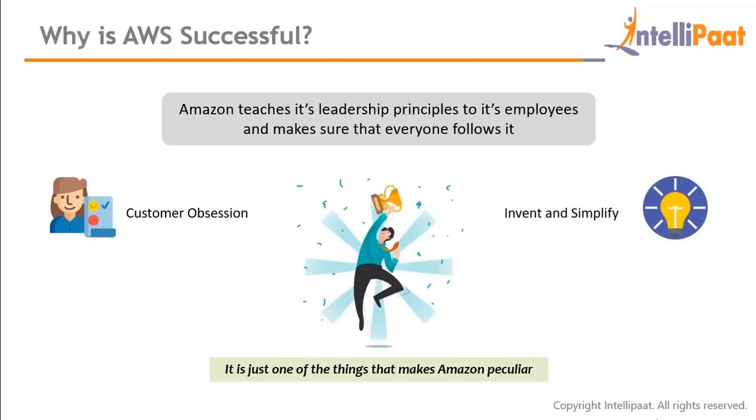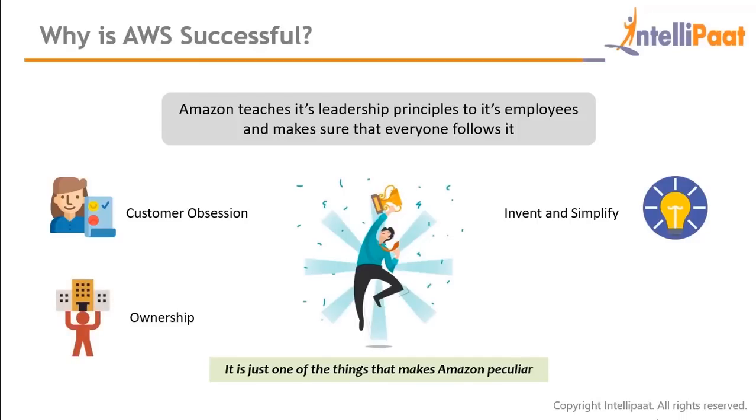The second is invent and simplify. Leaders expect and require innovation and invention from their teams and always find ways to simplify. The simplest, easiest, most user-friendly manner is more attractive for a customer. The third principle is ownership.